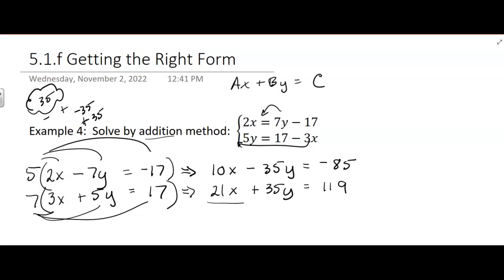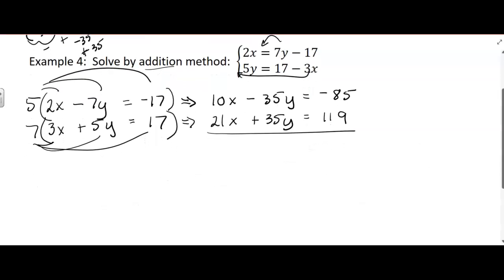All right. When we add them together, we're going to get the y's to eliminate. All right, 10x and 21x is going to be 31x. These eliminate, yay. And then what's negative 85 and 119? Good thing I have my calculator handy. 34?